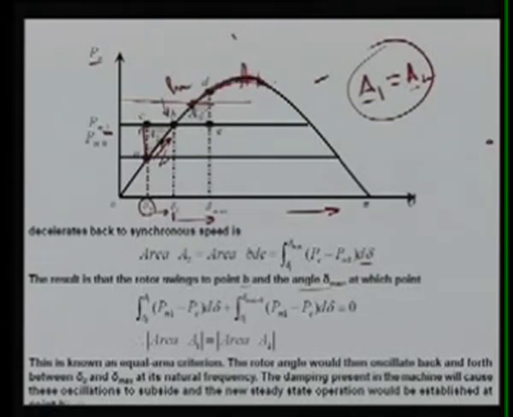Your system may go somewhere here, and then you are at some angle here. So what will happen? Now this area is different from the area you had here. So with the help of this, we can know the maximum loading that we can suddenly put on the generator without losing the stability of the system.